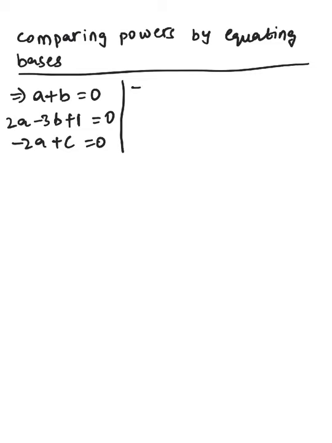From this we can imply a is equal to minus b. If we substitute this into the second equation, we can write it as minus 2b minus 3b plus 1 equals 0, which implies b is equal to 1 by 5.